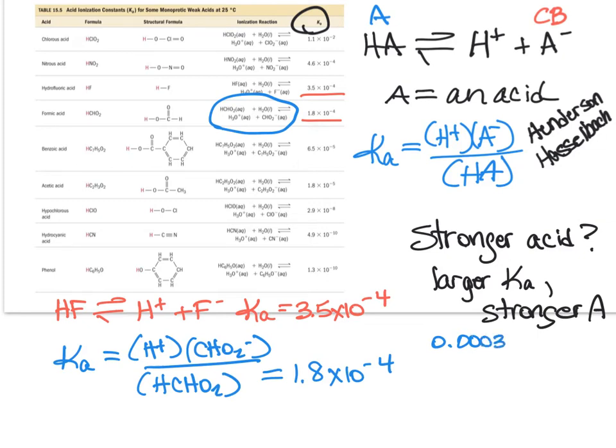Sometimes it's easier to make the direct comparison that way. So 3.5 times 10 to the negative 4th and 1.8 times 10 to the negative 4th. So I can look at these side by side, and I see that this is the larger number, which means HF is the stronger acid. Okay, so we can answer our question there.